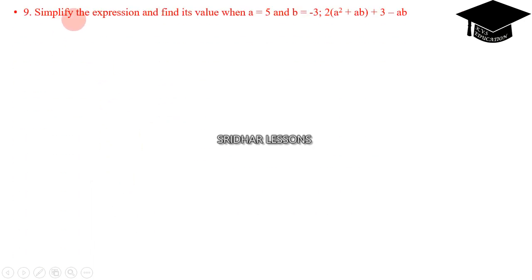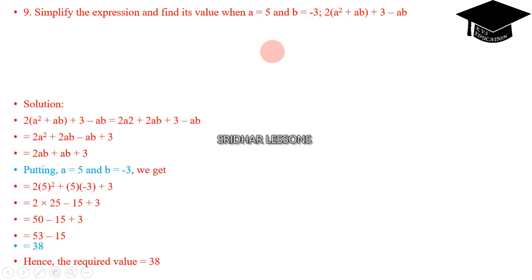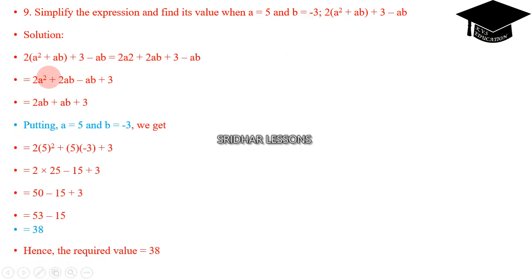Next, question 9. Simplify the expression and find its value when a is equal to 5 and b is equal to minus 3. The expression is 2 into a square plus ab plus 3 minus ab. So we can write this as 2a square plus 2ab minus ab plus 3. Upon simplification, 2a square plus ab plus 3.